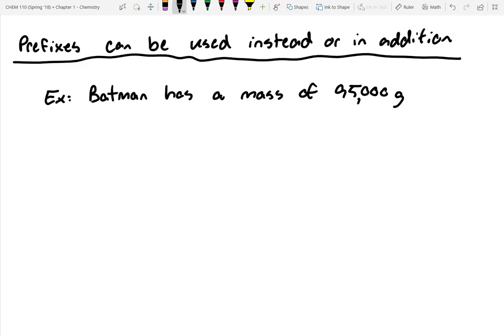All right, so if we think about Batman, let's first do scientific notation. And I'll do that over here. And if we do scientific notation, how would we represent his mass? We want to try to get rid of all the zeros.